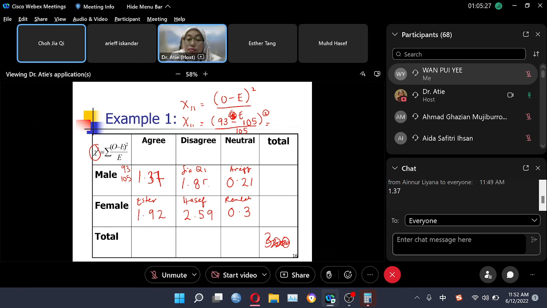Hasha, can you sum up all the numbers here?